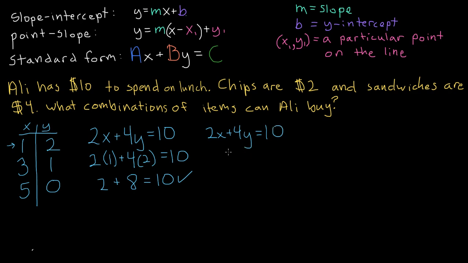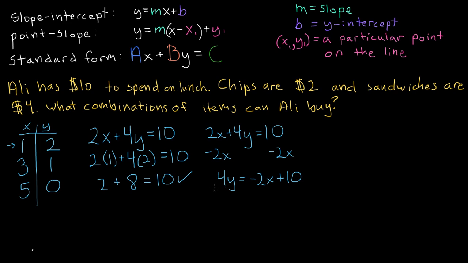If we want to put this into slope-intercept form, for example, all we need to do is isolate y on one side, on the left-hand side of the equation. So in order to do that, I'm going to subtract 2x from both sides. And then 2x subtract 2x is going to be equal to 0, so I'm left with just 4y on the left-hand side. And then on the right-hand side, I have negative 2x plus 10.